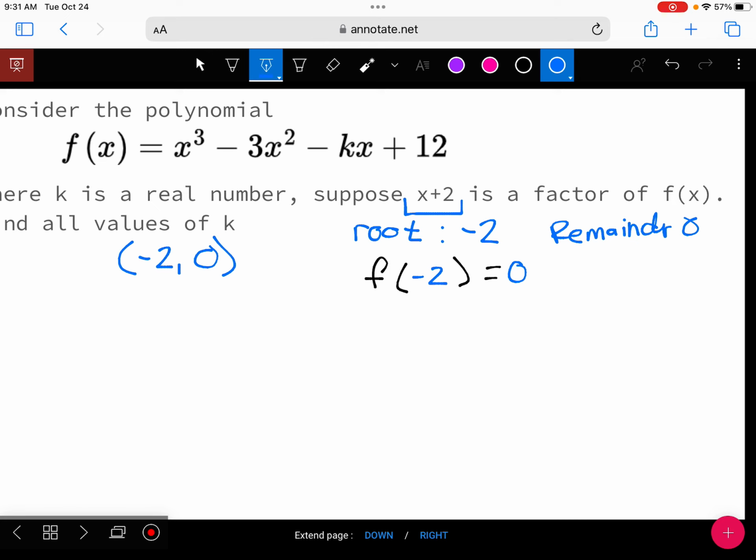And now it's exactly like the one we did yesterday, where we substituted in 0 for the y, or for the function rule, and -2 in for the x, and we're going to solve for k.